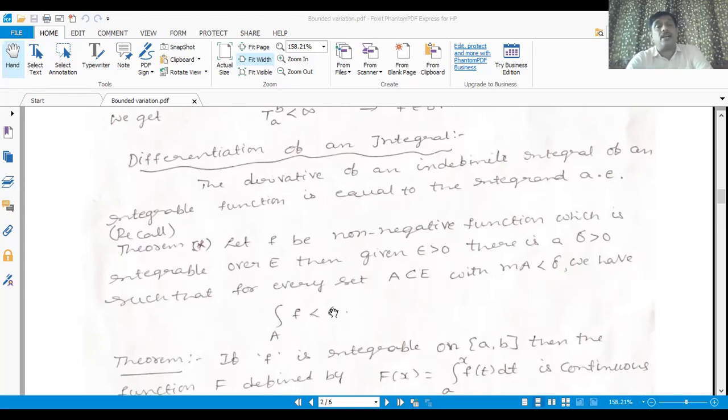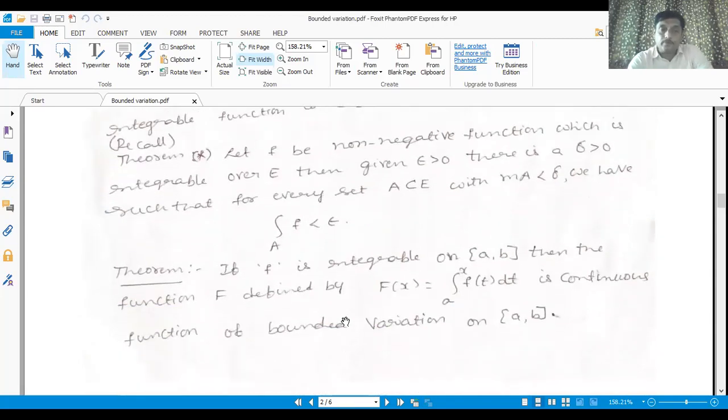This is the continuity of the non-negative function which is integrable over E.